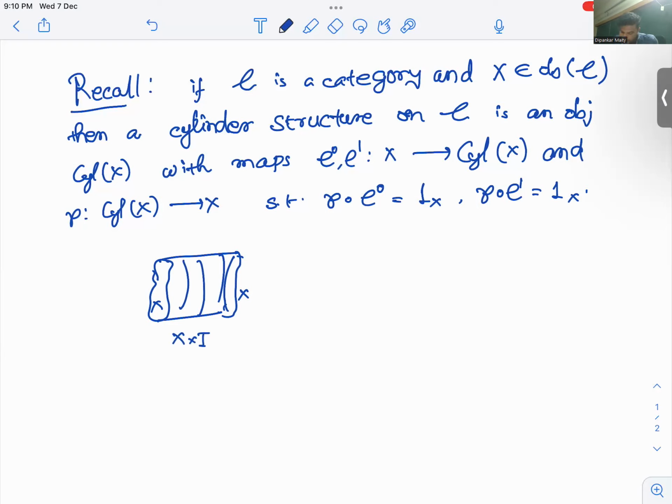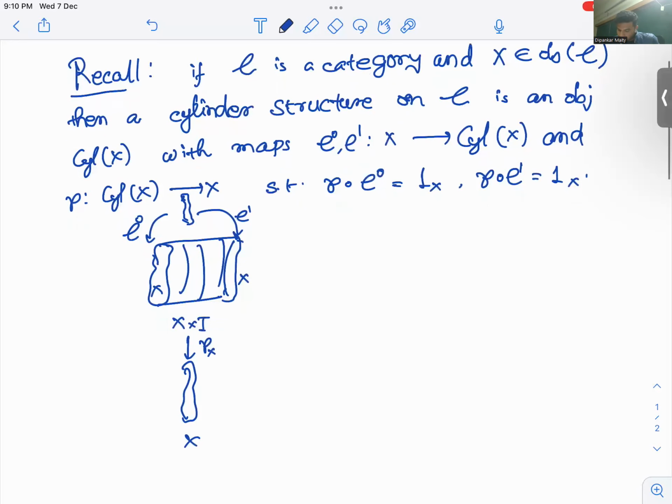And then E0 and E1 are inclusions of X in the cylinder along the left hand and the right hand. This is E0. And then the projection map is this map P.